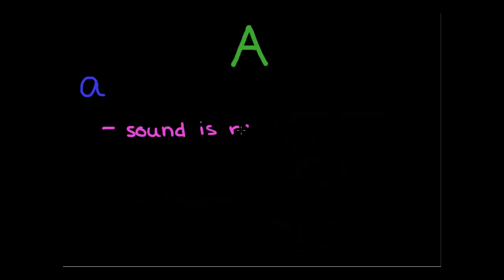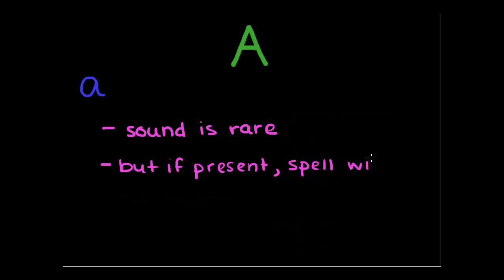You're not going to see it a whole lot, so you don't have to worry about it too much. But if you do hear it, but if present, there's a slim chance that it's going to be, but if present, spell with just an A. Pretty simple. Just an A.